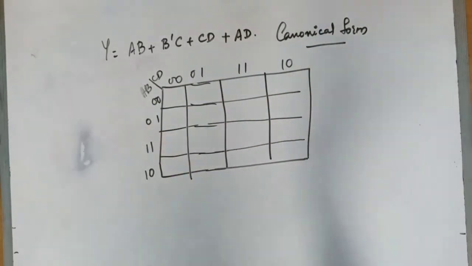In order to get AB, which are the ones that should be grouped?